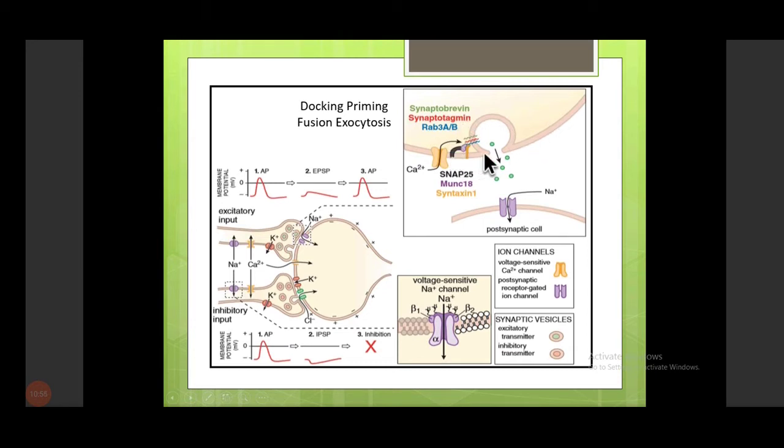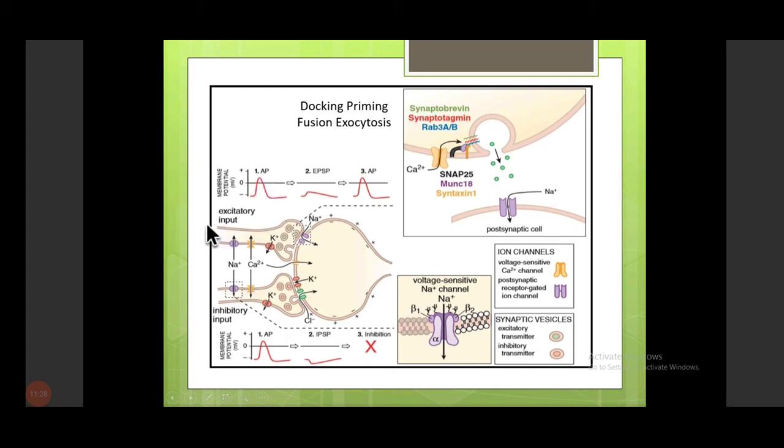Subsequently, when the proteins bind together, there is exocytosis. There is a pulling of the membranal tissue with the vesicular tissue, and as a result, the neurotransmitters are expelled out, which subsequently bind to the neurotransmitter binding site on the next neuron, thereby facilitating the inflow of sodium ion and the propagation of the impulse.